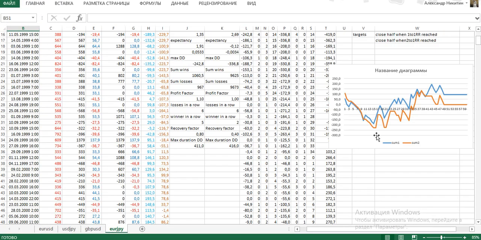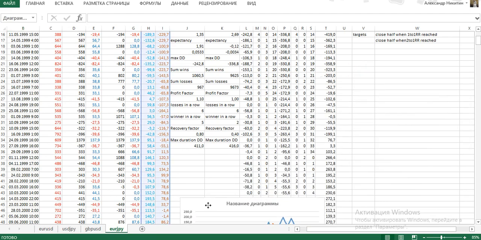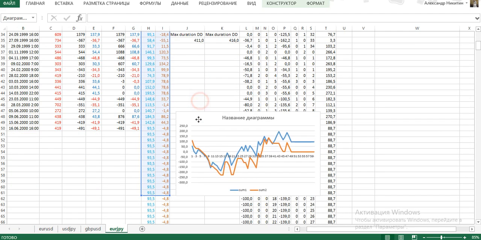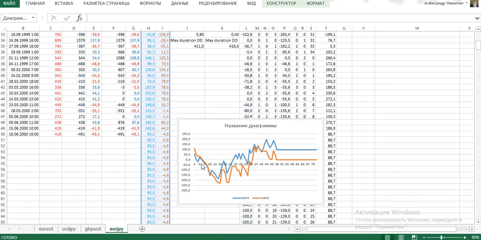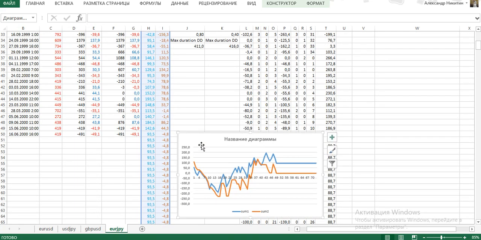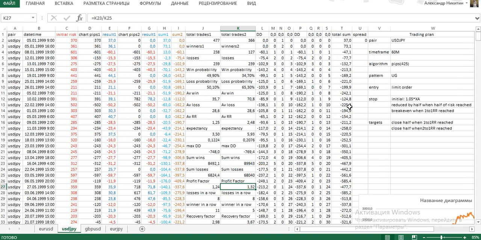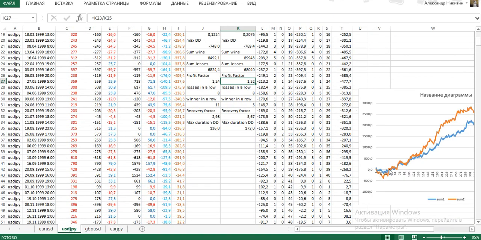So let's see what we have so far. This is the diagram. Well, it looks pretty good. It is not very much different from the diagram on dollar yen. So initially on dollar yen we also had some bounce to the downside, and you see the trade number 46, which just went out of this negative zone.